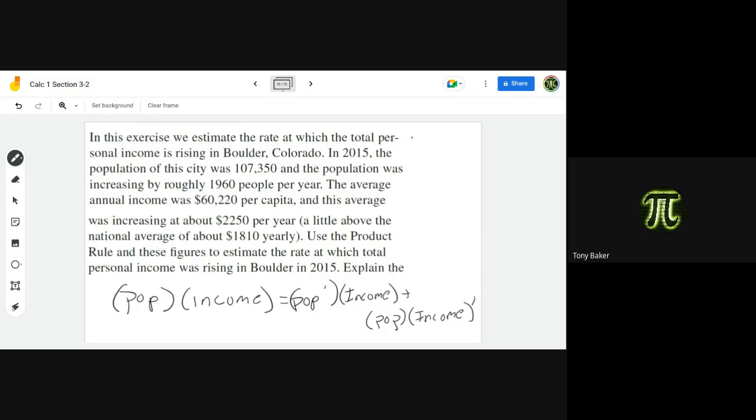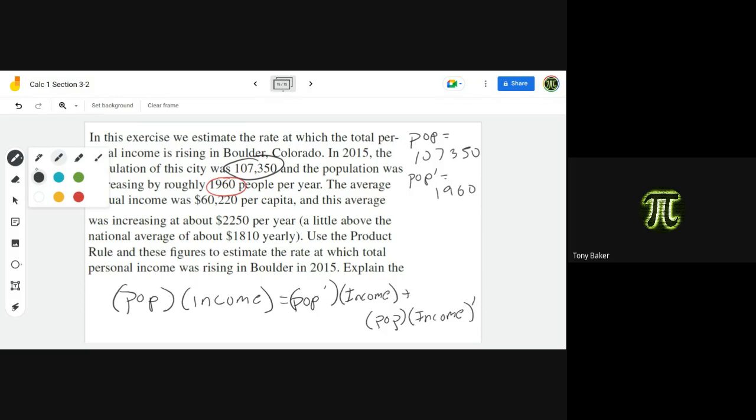So what's the population? Population's 107,350. What's the population derivative? Right, because that's the change, correct? That's 1960. So that's my population, and that's my population change.